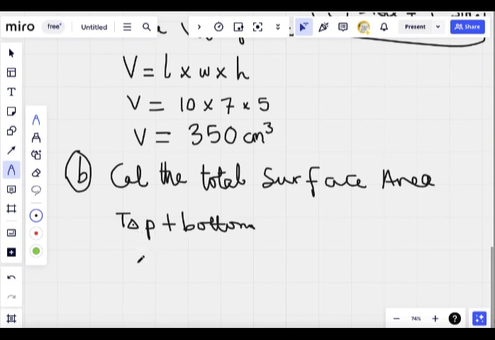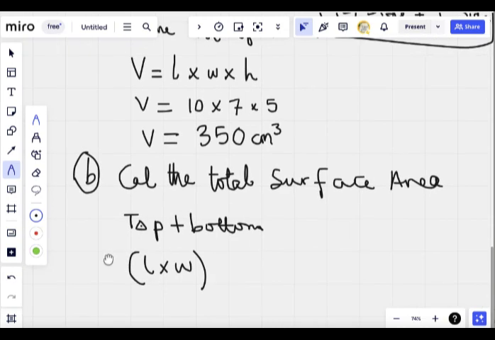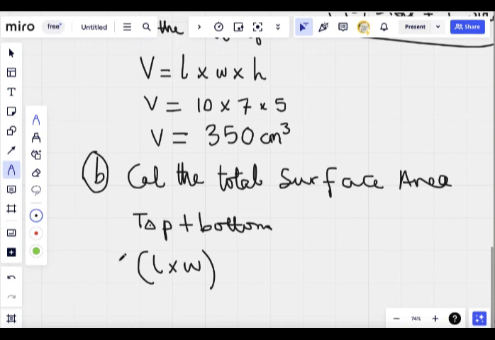We write for top, which is length times width. Then because it's top and bottom, we multiply by 2, because it's two faces that we are talking about. Because they are equal, it's like saying length times width plus another length times width. So instead of doing that, you just multiply the answer by 2.